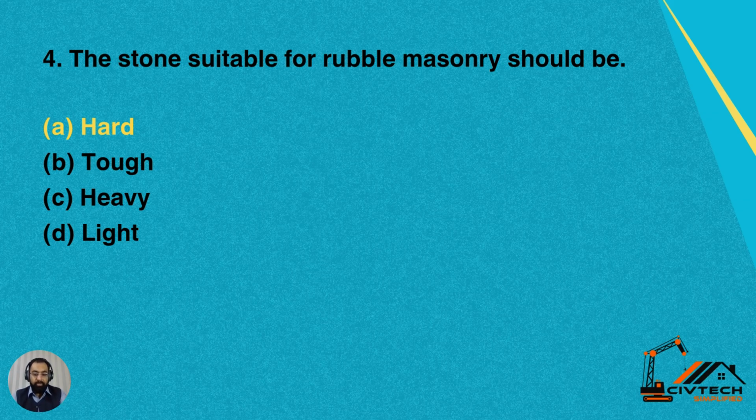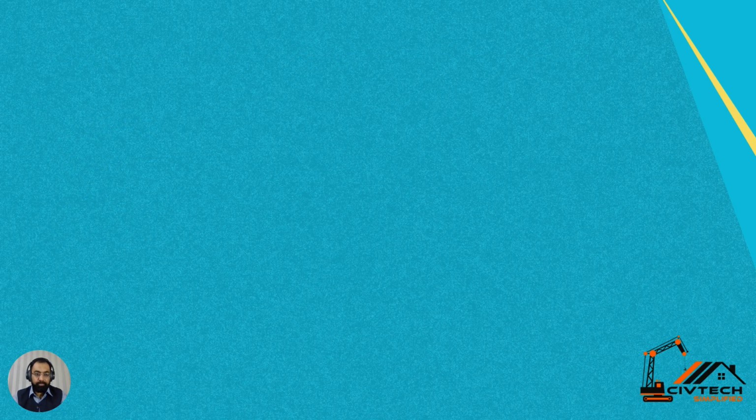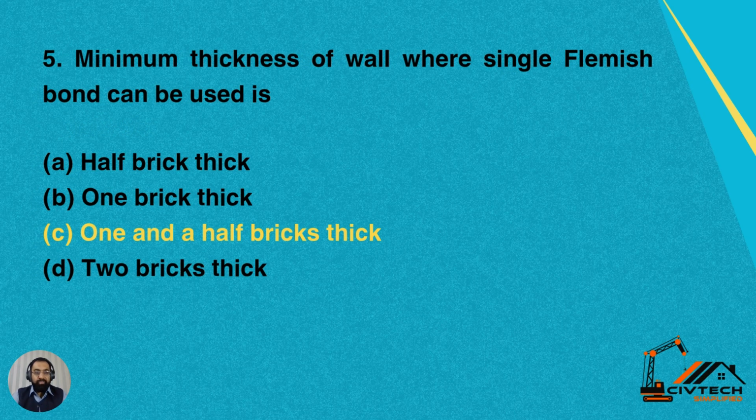The correct option for this question is A, hard stone. Stone should be hard enough to withstand the load of the structure, but it should not be so tough, should not be so heavy, and should not be too light. So the correct option is A, hard.